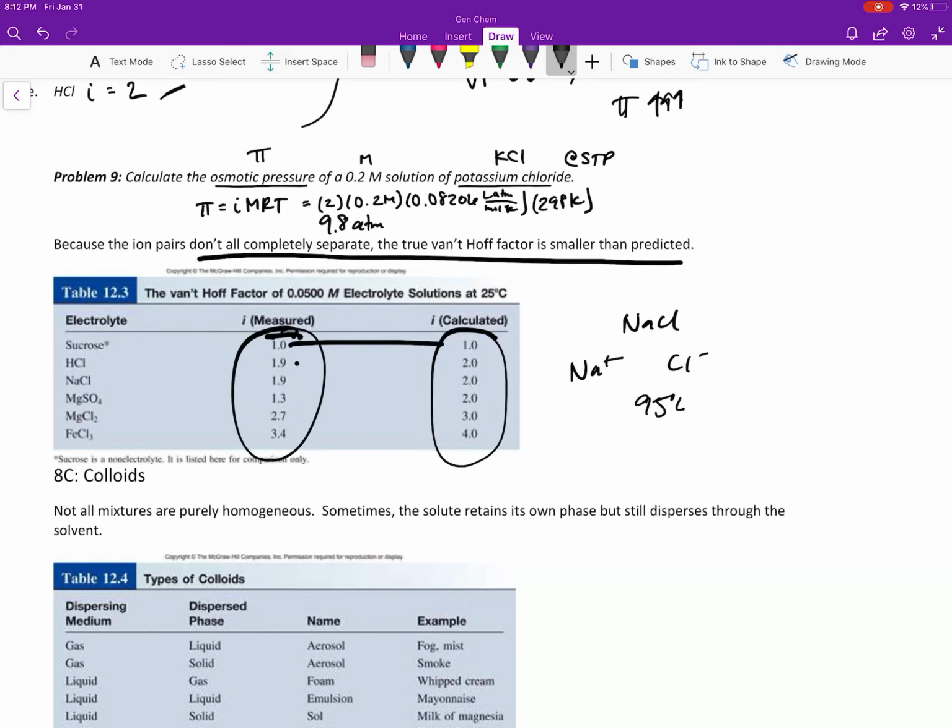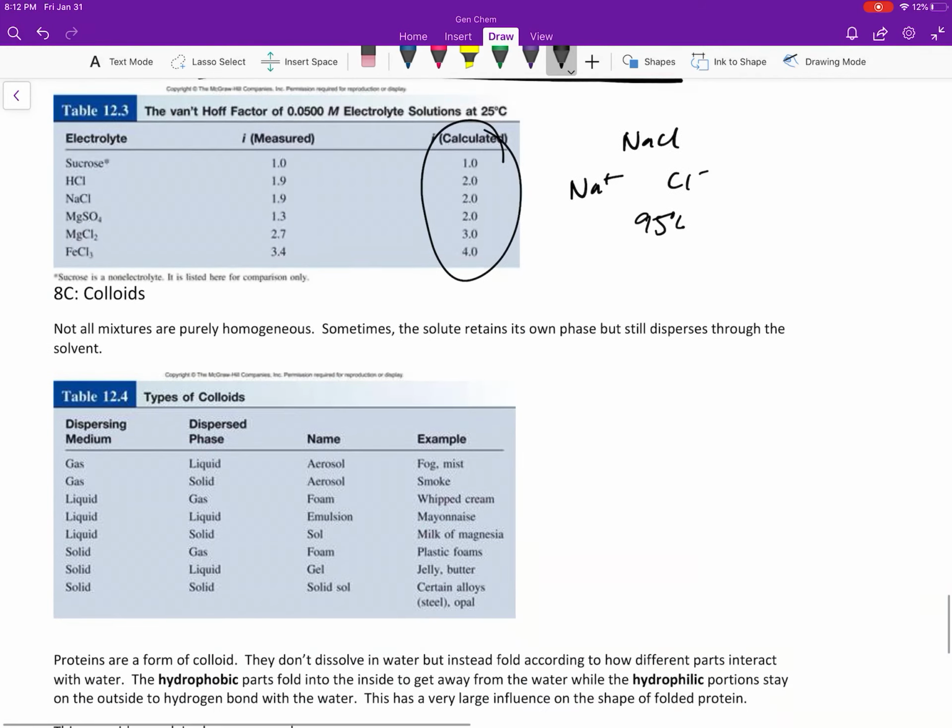And you can see they're not, some of them are pretty far, like magnesium sulfate, it's 1.3 when we actually think it's going to be 2 whole molecules. But for right now, conceptually, I just need you to know that they don't 100% dissociate. We're going to talk about dissociation a little bit later, but for now, when we're doing the formula calculations, we're going to assume that they 100% dissociate.